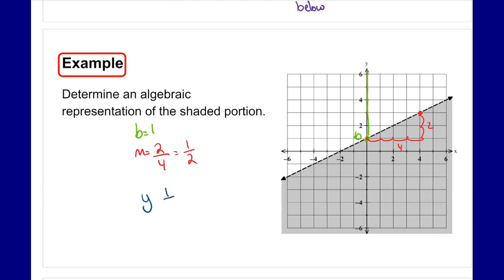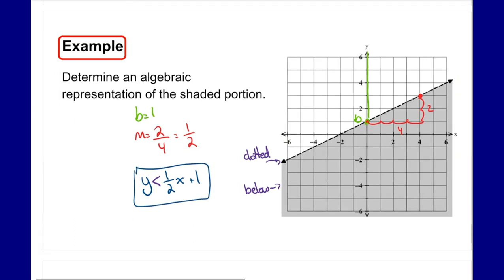So y 1/2 x plus 1. And we need to look at our inequality portion. So the shaded part is below, and it is a dotted line. So that means that below is less than, so y is less than 1/2 x plus 1, and the dotted line means that it is not equal to that line. So y is less than 1/2 x plus 1. That is our equation for the inequality.